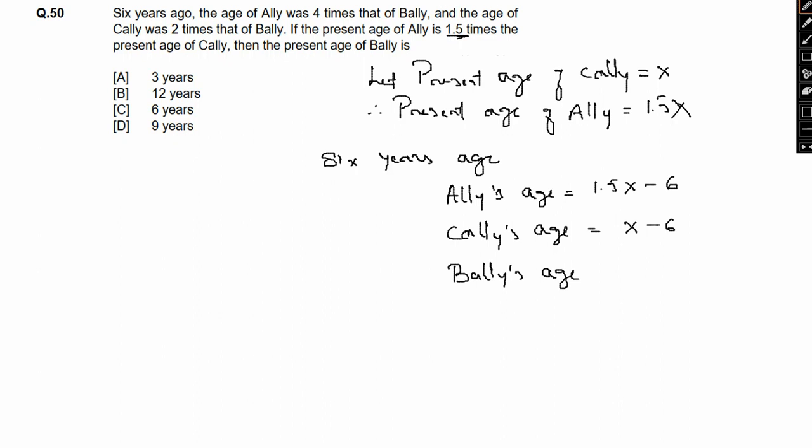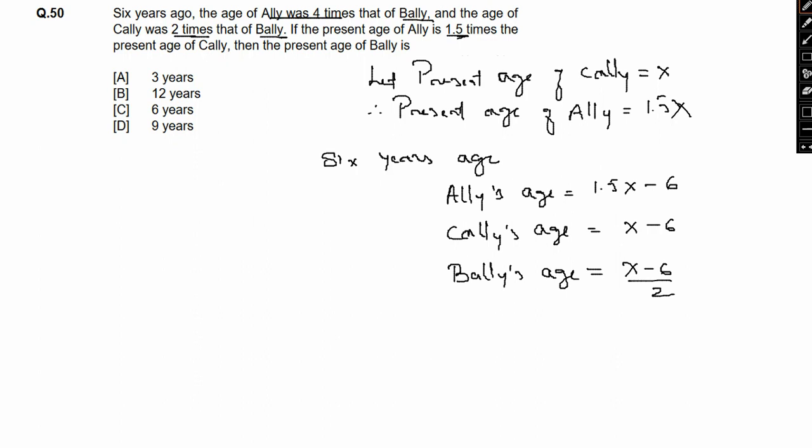What do we have here? Age of Cali was 2 times that of Bali. Okay, 2 times that of Bali, so that would mean x minus 6 by 2. This will be Bali's age, because Cali's age is 2 times Bali's age. Another relation that we have here, Ali was 4 times that of Bali.